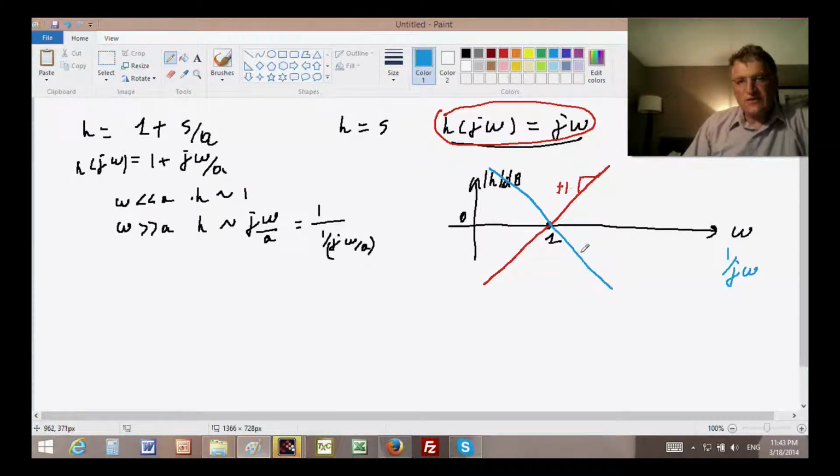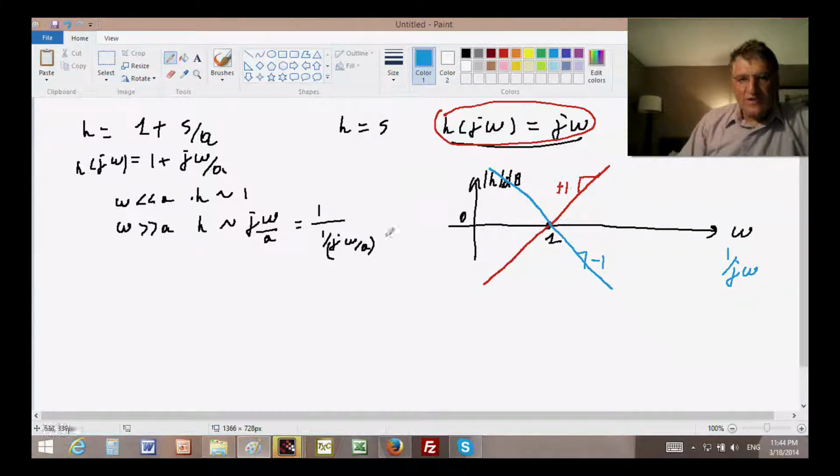It's the line that crosses the other one, but with slope of -1. One is the inverse of the other, and that amounts to reflecting this line across the omega axis to become that line.